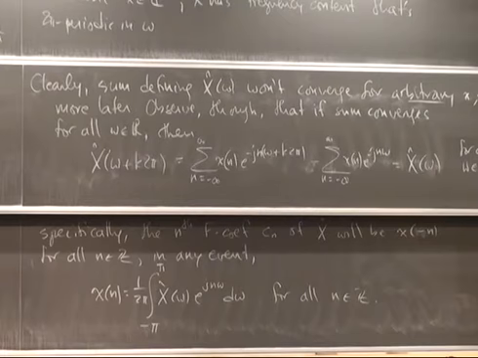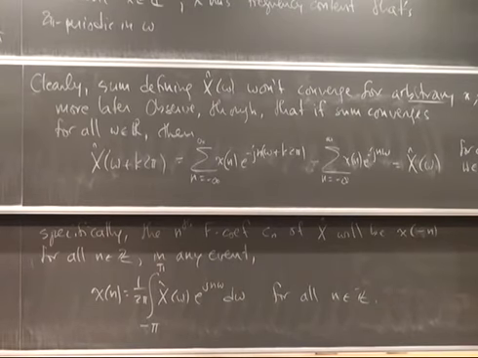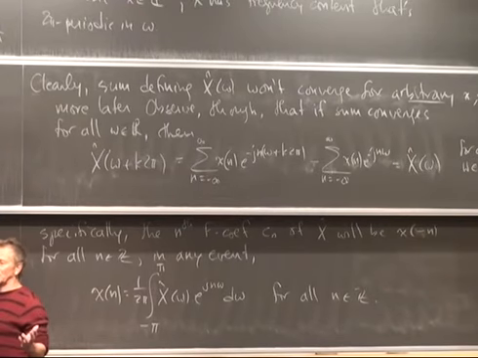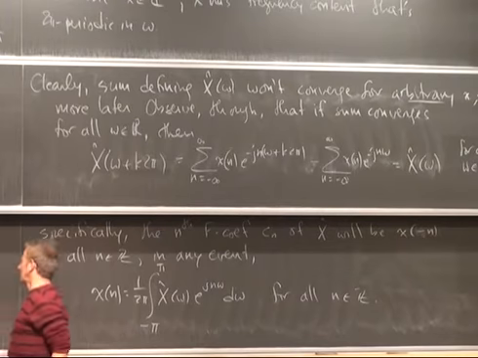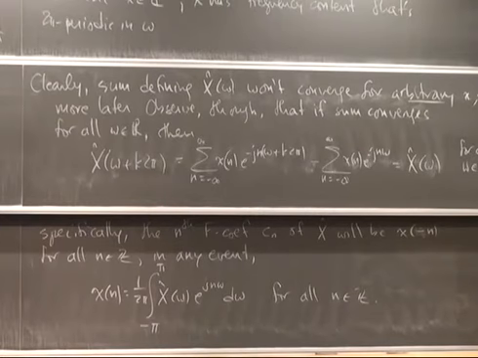X hat is a function of a continuous variable omega, a continuous real variable omega. So x hat you can integrate. X you can only sum. Makes sense. And this is easy to show just by thinking of that thing as a Fourier series, or multiplying the series by e to the positive j n omega, and you find the one term left over, and so on. That's a formula that gives x of n in terms of x hat.